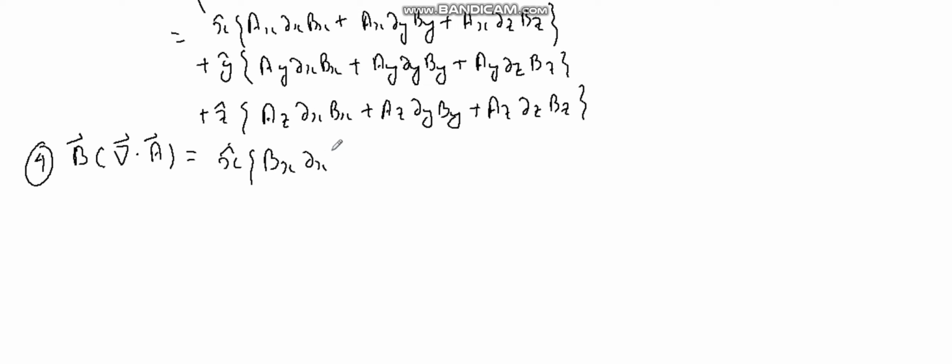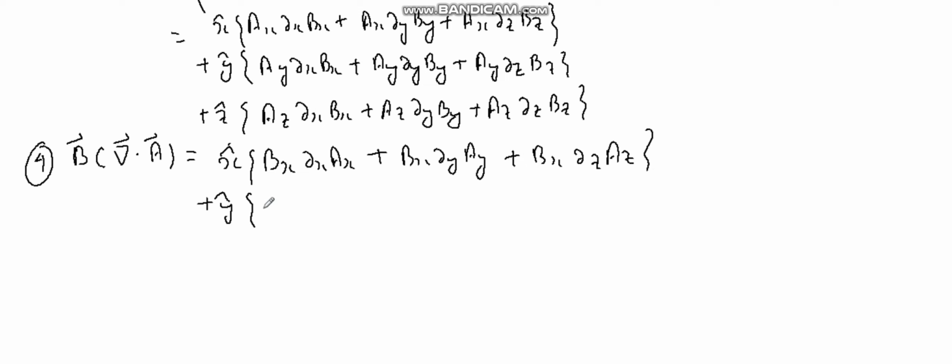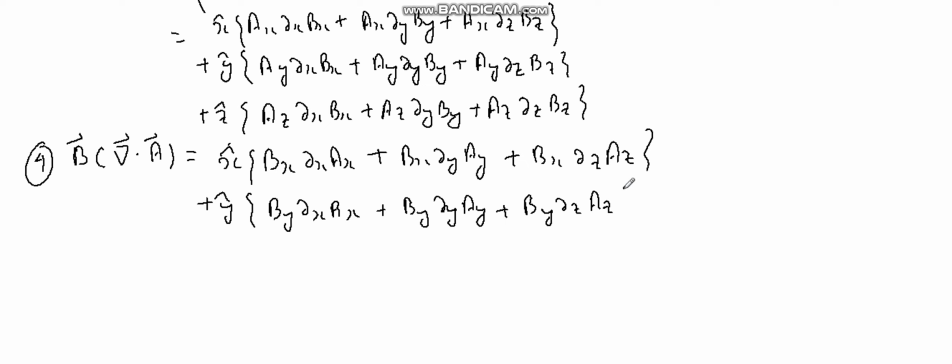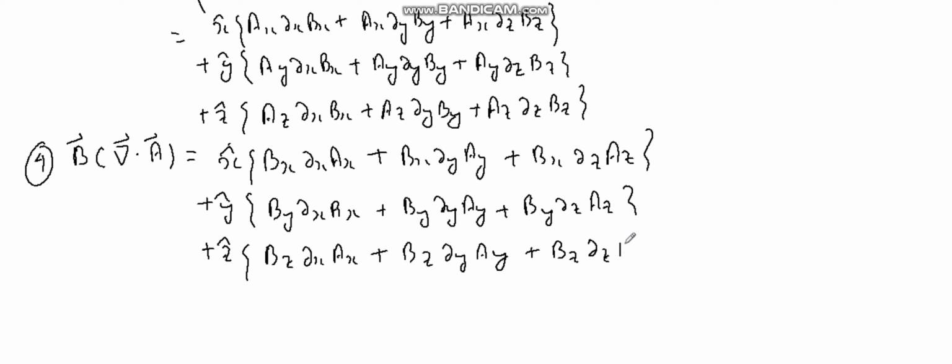We're gonna have bx del x ax plus bx del y ay plus bx del z az, plus for the y cap by del x ax plus by del y ay plus by del z az, plus z cap bz del x ax plus bz del y ay plus bz del z az.